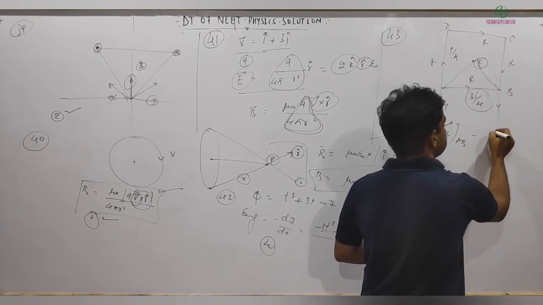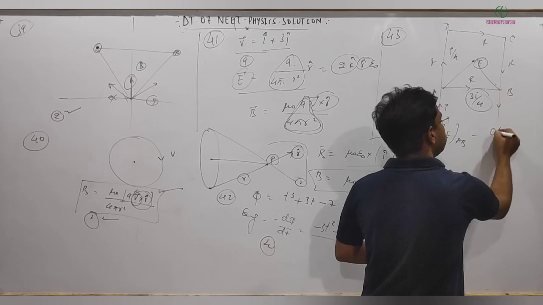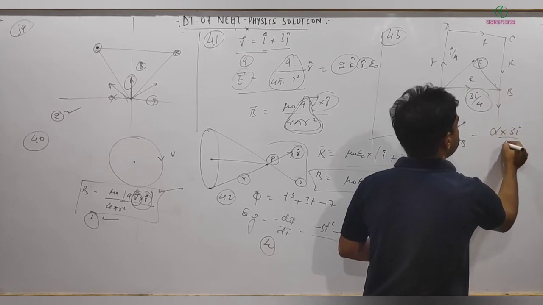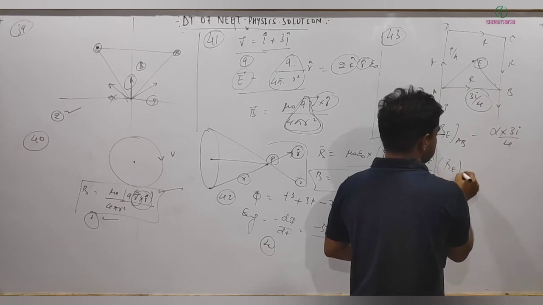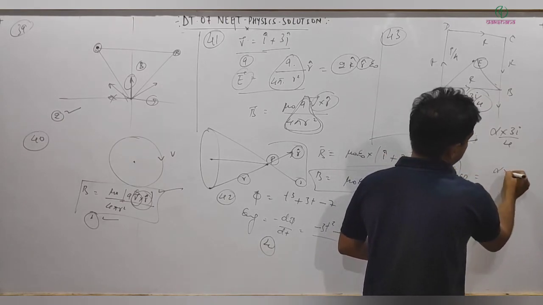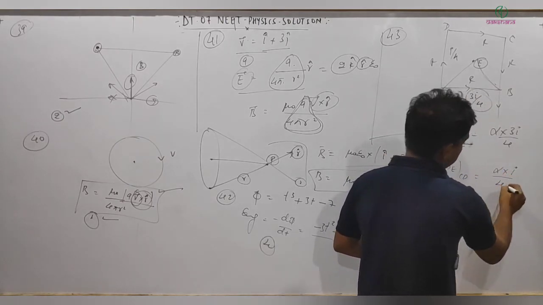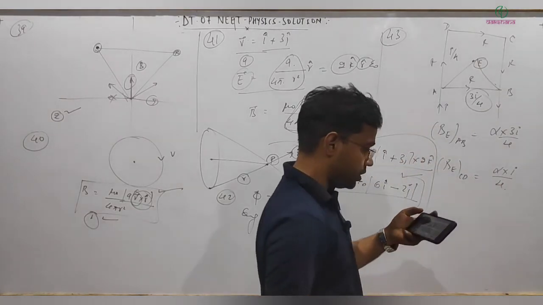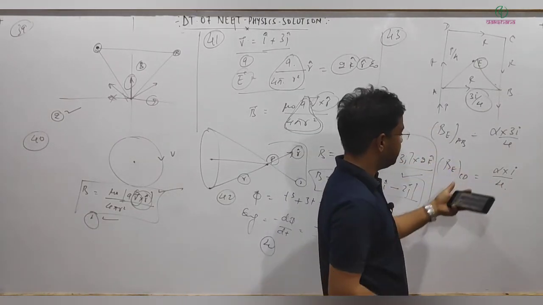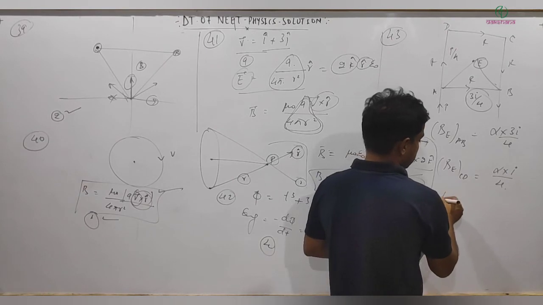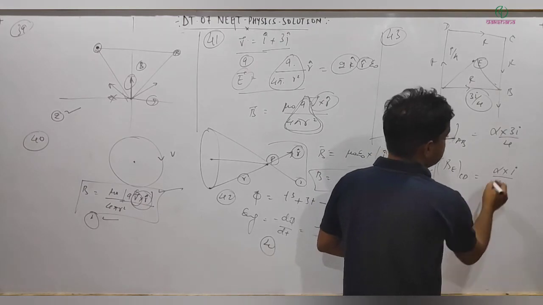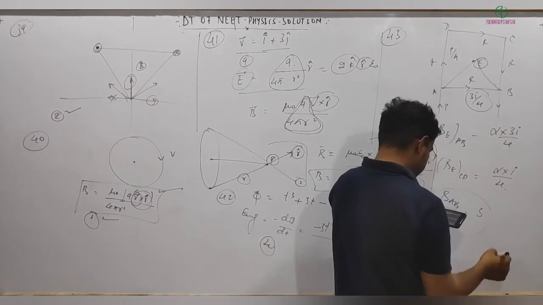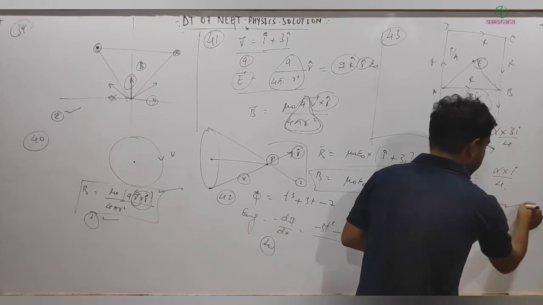So I can write B due to AB as alpha multiplied by 3I by 4, and B at E due to CD as alpha multiplied by I by 4. So the ratio BAB by BCD comes out to be 3, which matches with option 3.